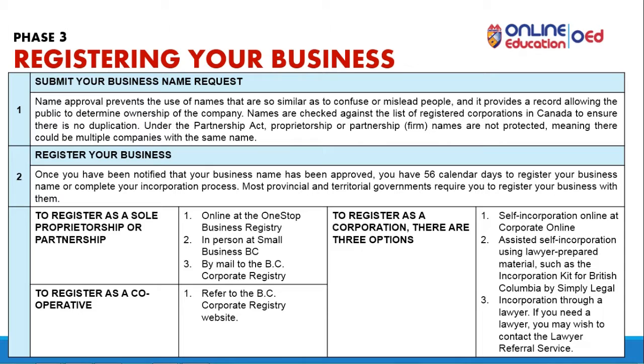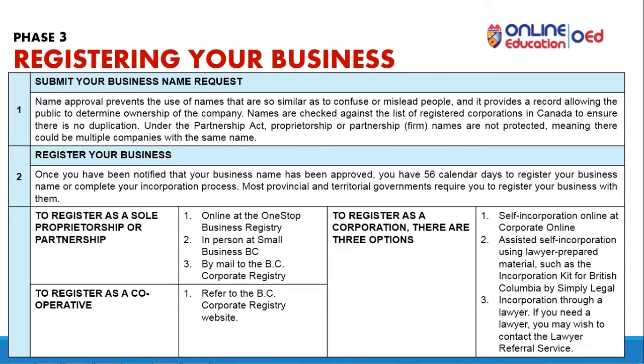Under the Partnership Act, proprietorship or partnership names are not protected, meaning there could be multiple companies with the same name. So for this kind of business structure, the proprietorship and partnership, it's not really protected.